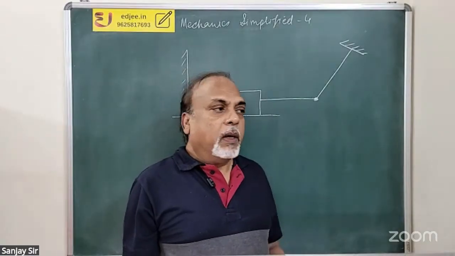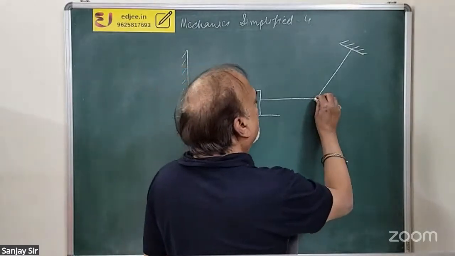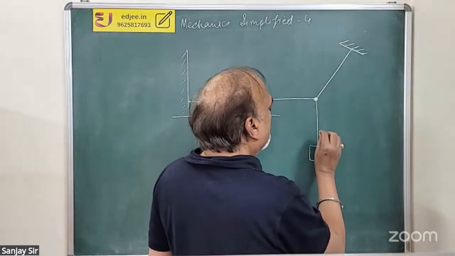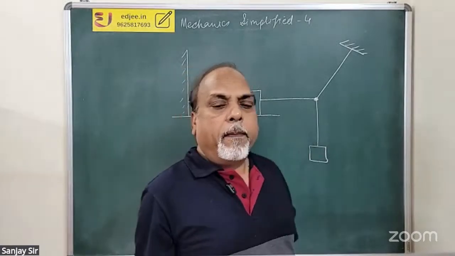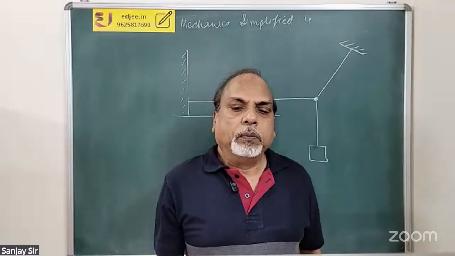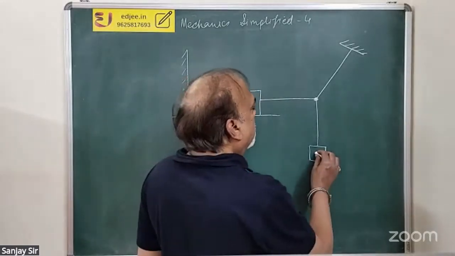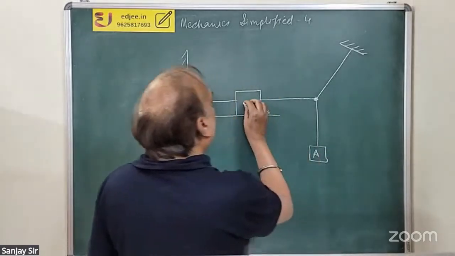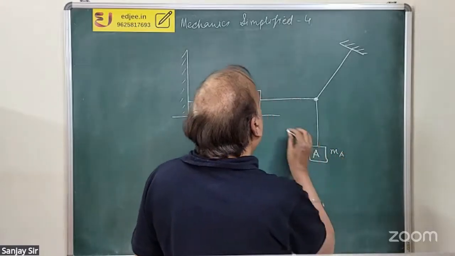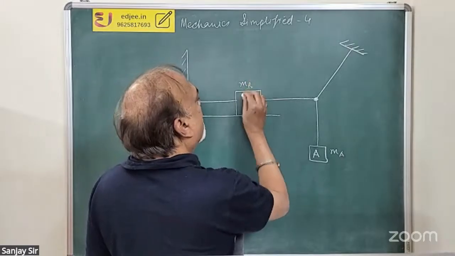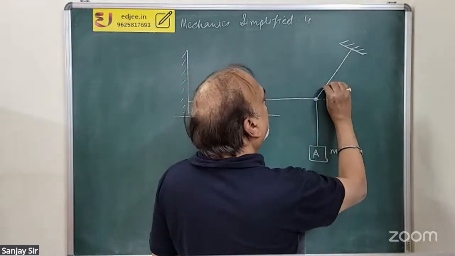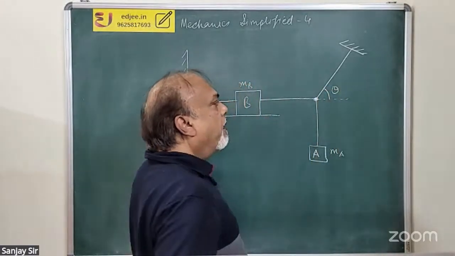Correct. Now another block is there. We can say this is A, this is B, this is MA, this is MB, and we can take this angle as theta.